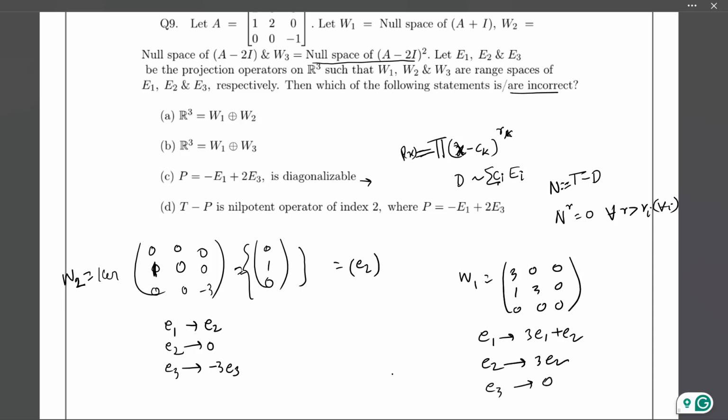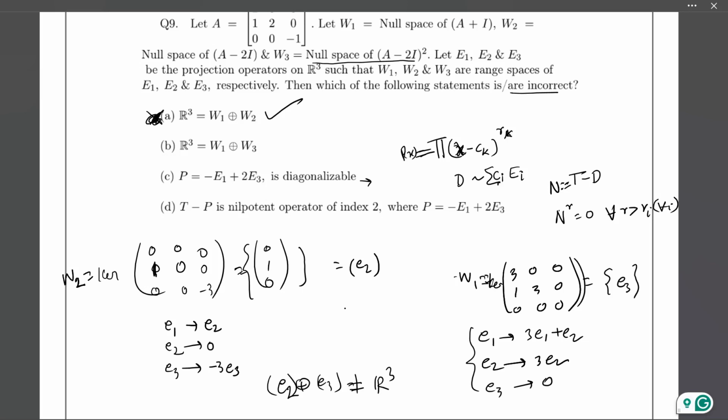So this is the kernel of this matrix, and it is spanned by E3. So E2 plus E3 is not R3. So this option is incorrect. Right, we want to choose incorrect things. Everything else is actually correct.